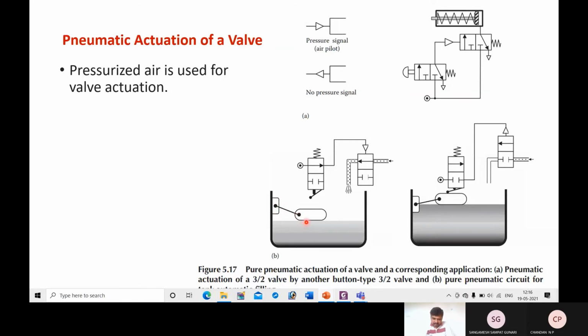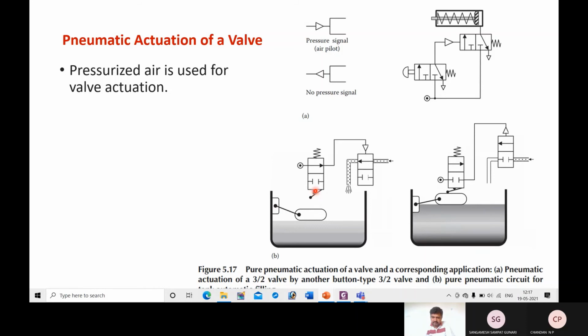If this is the position of the water in the tank, this is the position of this arrangement. If the level of water increases, this will be at the top, and this component will push this knob, so this will push this lever, and it is attached to the stem.